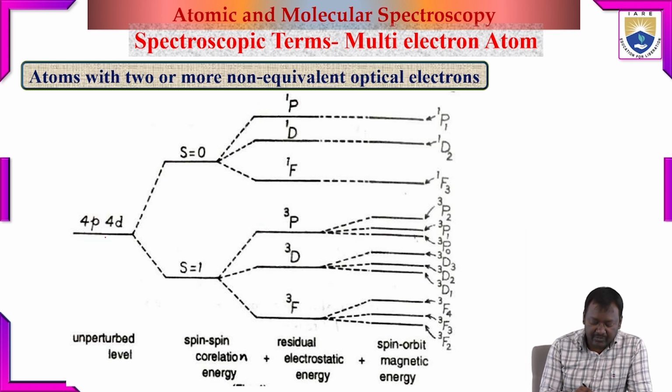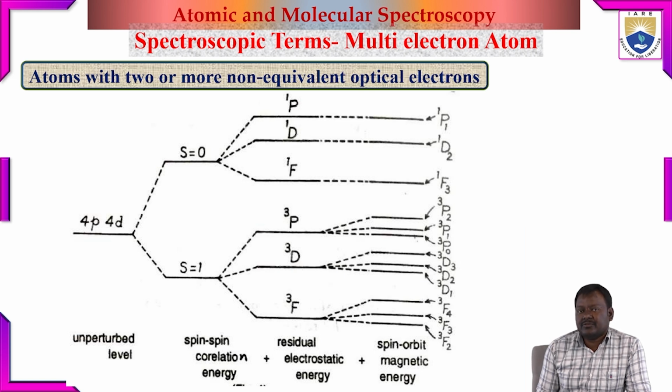In general, for the 4p4d term, based on the spin-spin correlation, the energy levels for S equal to 0 and S equal to 1 split like this. The higher multiplicity term has lower energy value. So S equal to 1 has lower energy value.